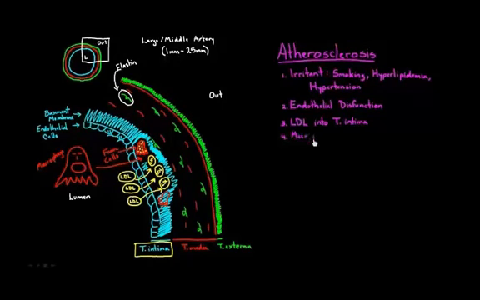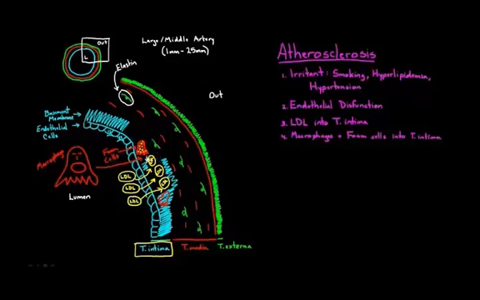Let me just make sure I catch up with our picture. Macrophages plus foam cells into tunica intima, right? So now we're all on the same page, and this intima now really starts looking a lot like this.